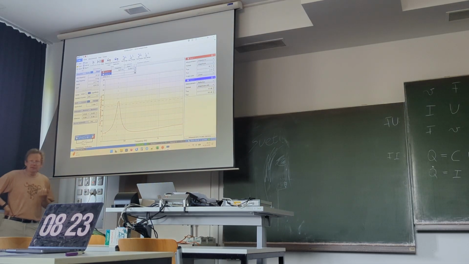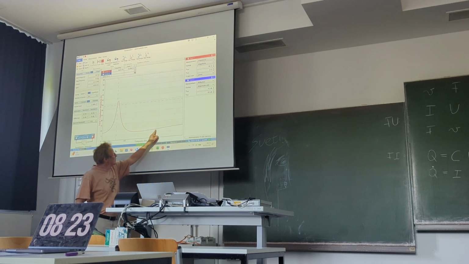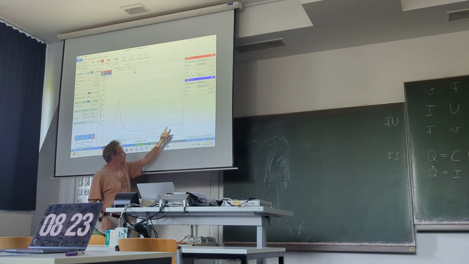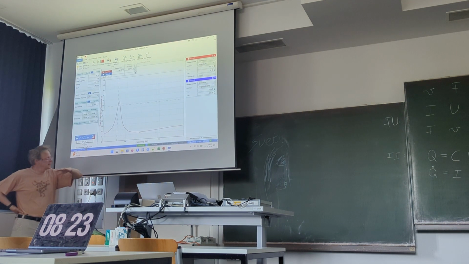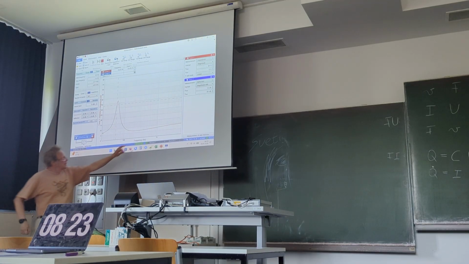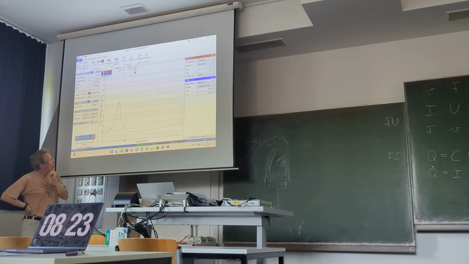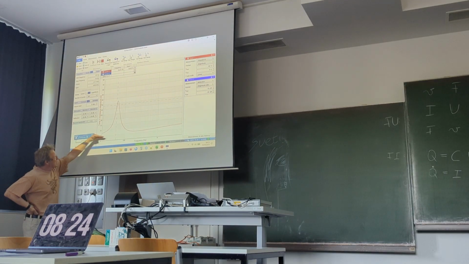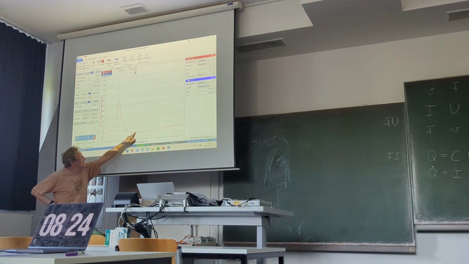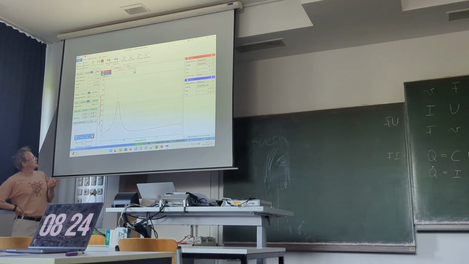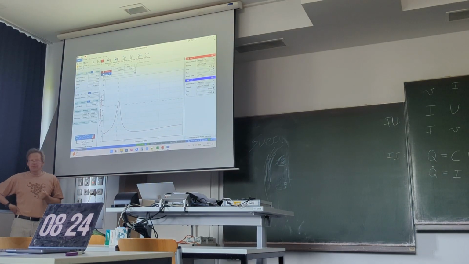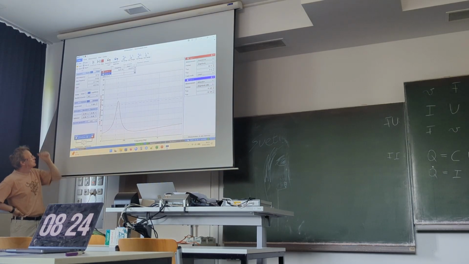The impedance of an inductivity will increase with frequency, and that's what we see here. It's already a linear increase with the frequency. So this rise here comes from the inductivity. Then we have somewhere here a minimum, and there we can read out the value of the ohmic resistance of the wire in the loudspeaker.